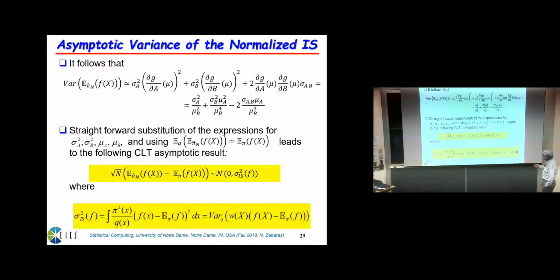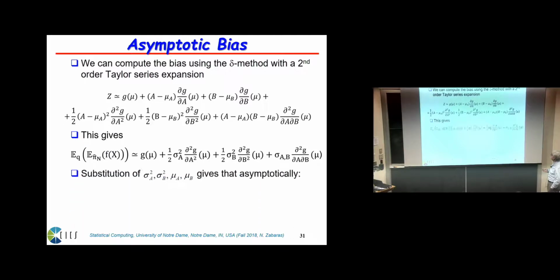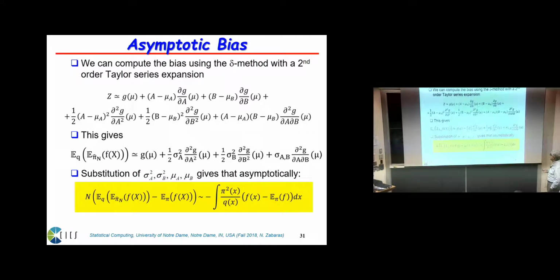But you can see here, if you take the bias, it is 1 over n times this variance term that you see there.